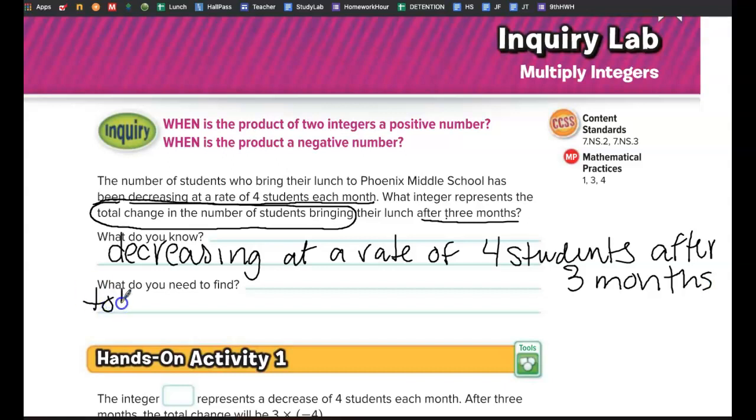Okay, so the total change. What else did you put for what you know? That's true, yep. Okay. Jacob, did you have that written down? Write it down.